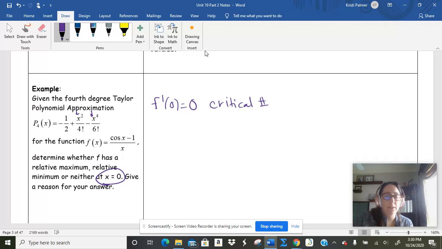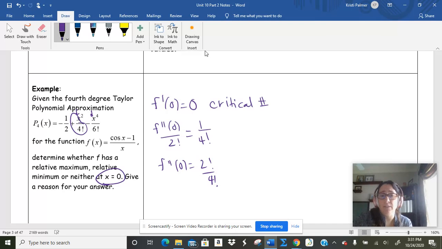Then I'm going to go look at the second derivative. So f double prime of 0 over the 2 factorial, however they have written that, is equal to 1 over 4 factorial. So they simplified that answer to 1 over 4 factorial, which is okay. I mean, they can simplify it lots of ways. So that second derivative is 2 factorial over 4 factorial. We don't have to simplify it or anything.